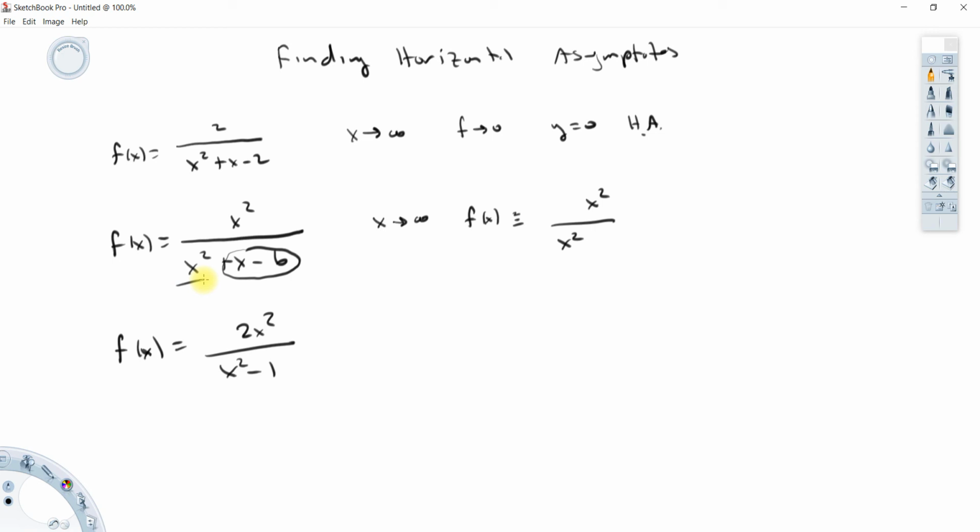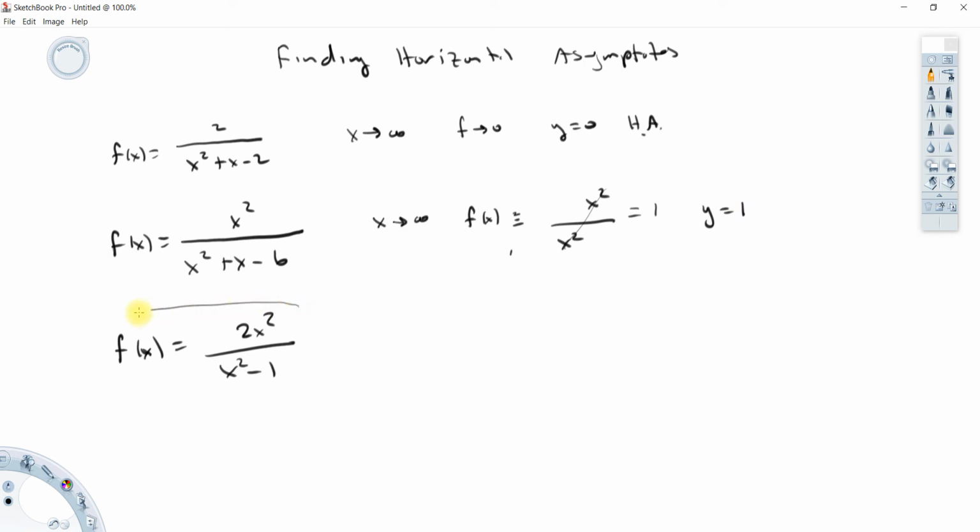Take like 1,000 and square it, and then compare that to 1,000 squared plus 1,000. They differ by a very small percent. So basically, you can just kind of lop these off and say that when x is large, the function is approximately equal to this. It's not exactly equal to, but it's approximately equal to. And you'll notice these cancel, and we get 1. So y equals 1 is our horizontal asymptote there.